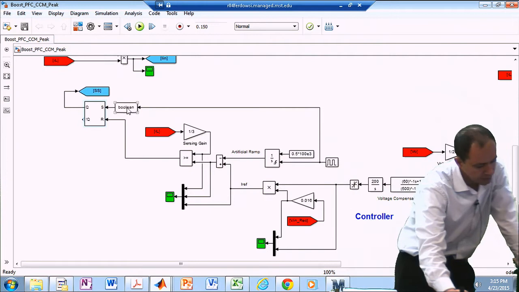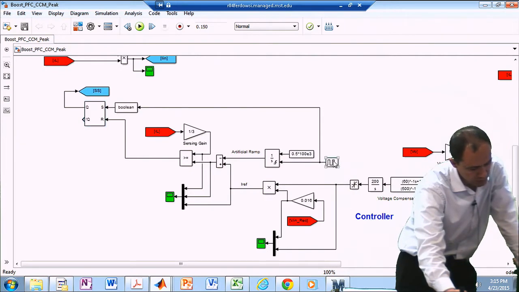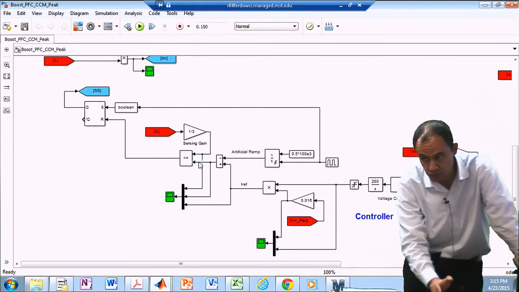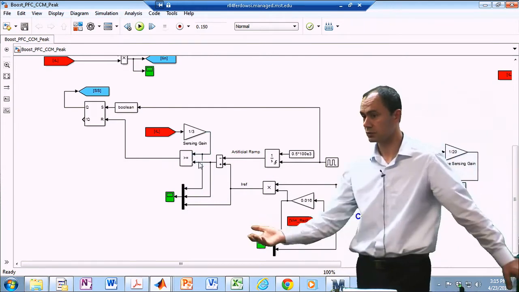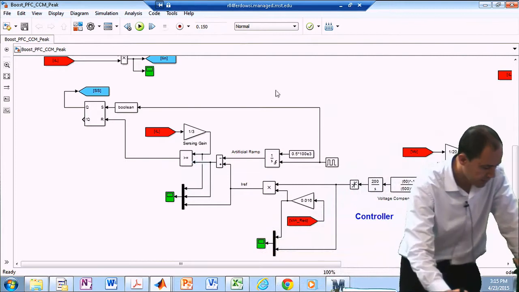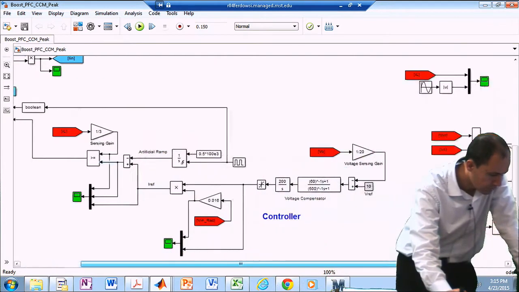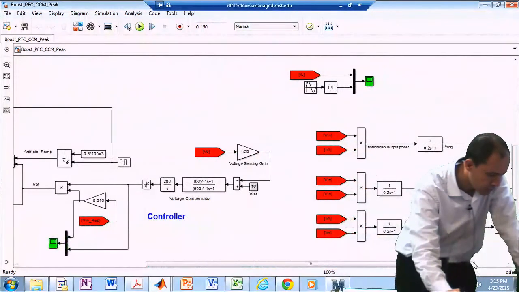At the beginning of the cycle, which is determined by this clock, you set it so the switch is turned on. How do you reset it? You reset it when the inductor current tends to get larger than its reference. So that's the logic behind peak current mode control. Okay. And then the rest of the blocks are basically measurement blocks. So I would encourage you guys to take a look.